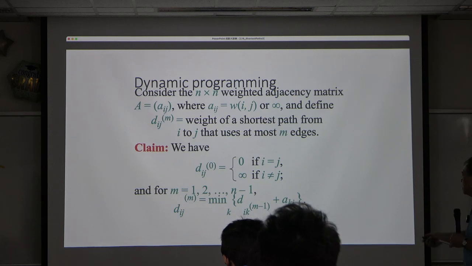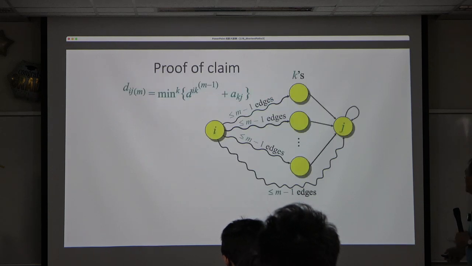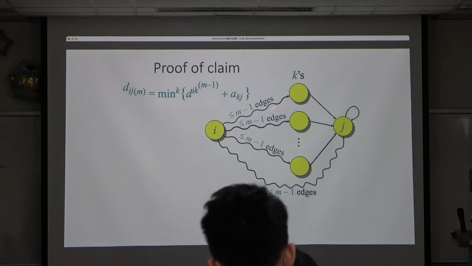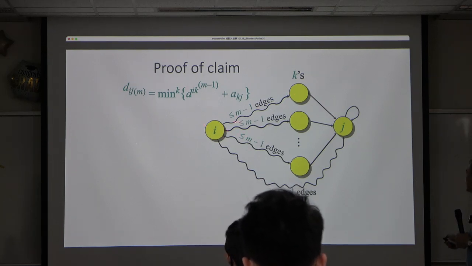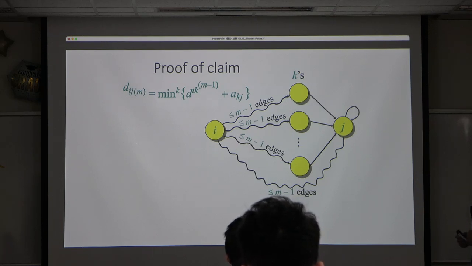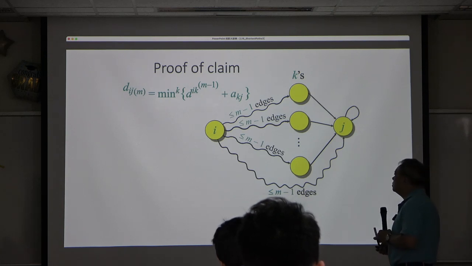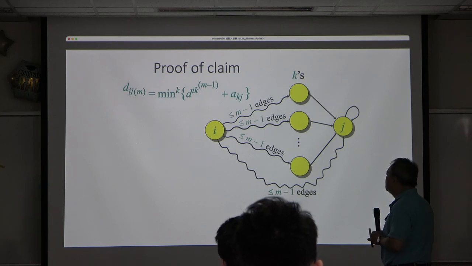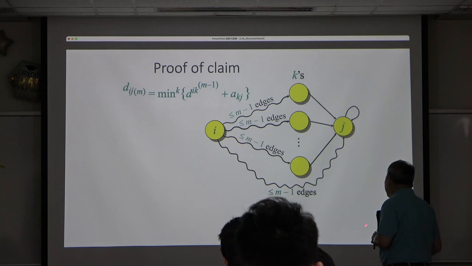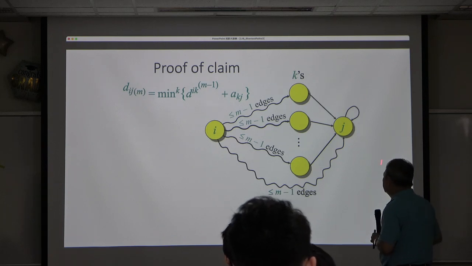I'm sorry it doesn't look good enough, but you get my idea. If we represent it by a graph, it's going to look like this. So you are trying to find the smallest value out of all the possible combinations.